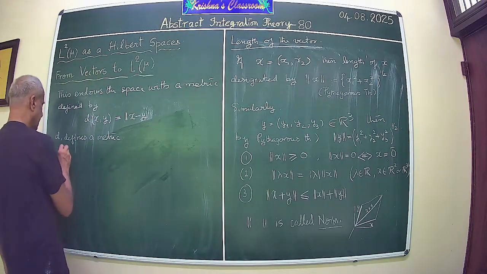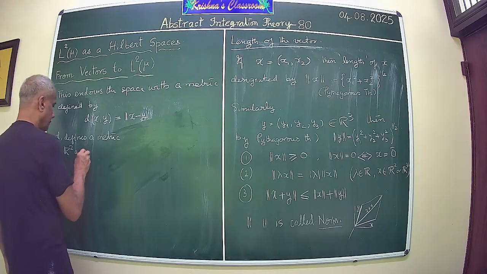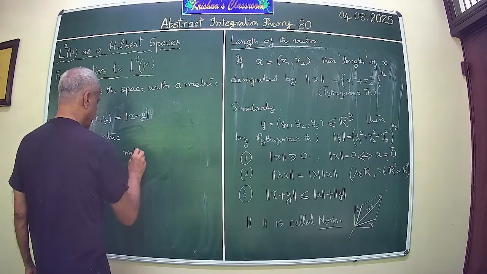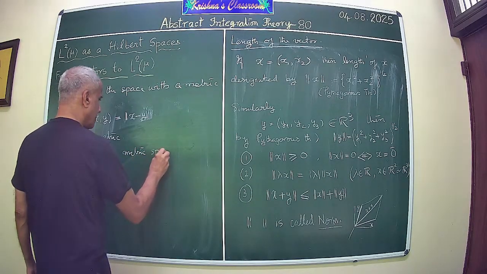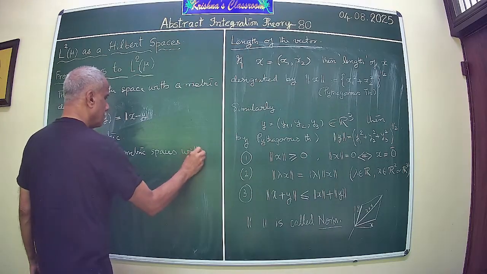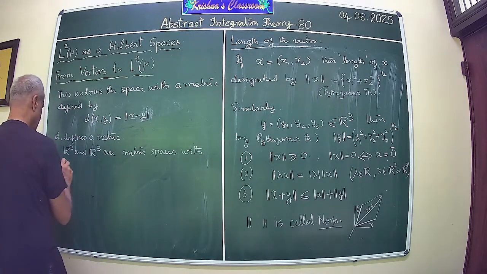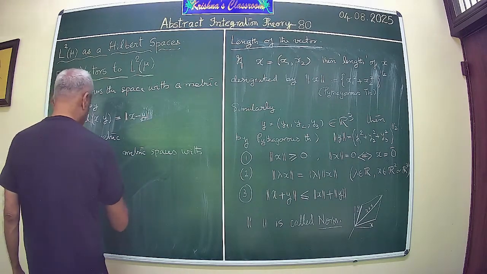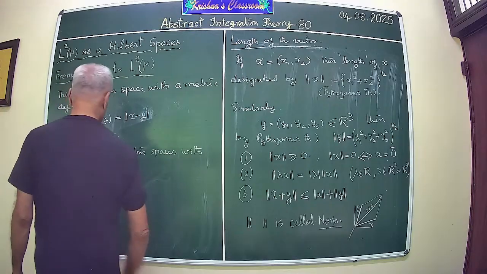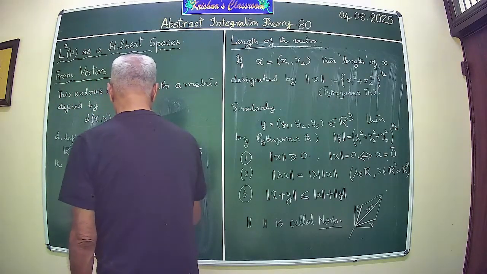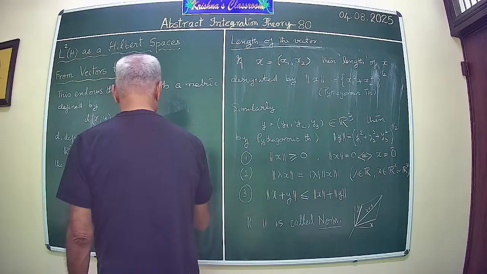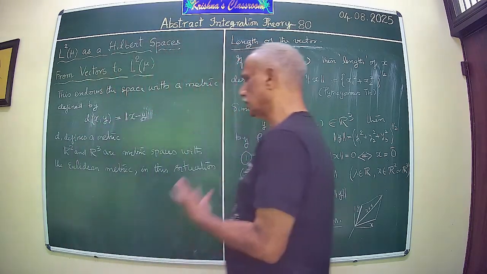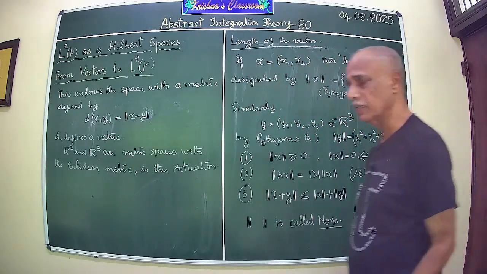Therefore, R2 and R3 are metric spaces. Now these are all what is called the Euclidean metric.